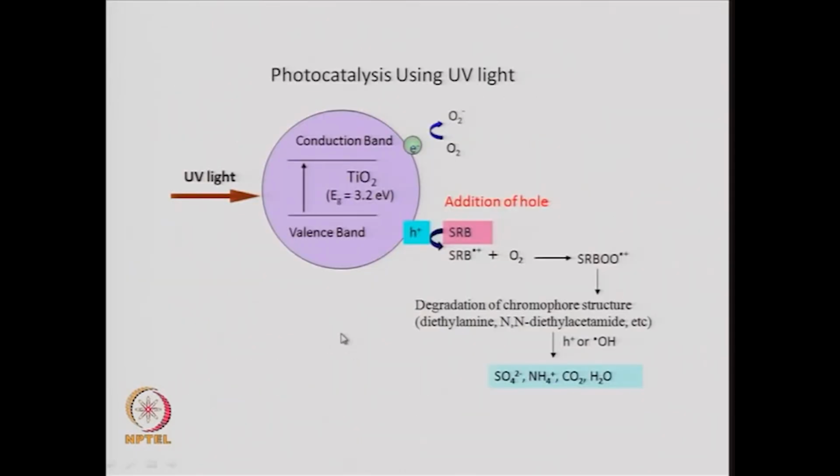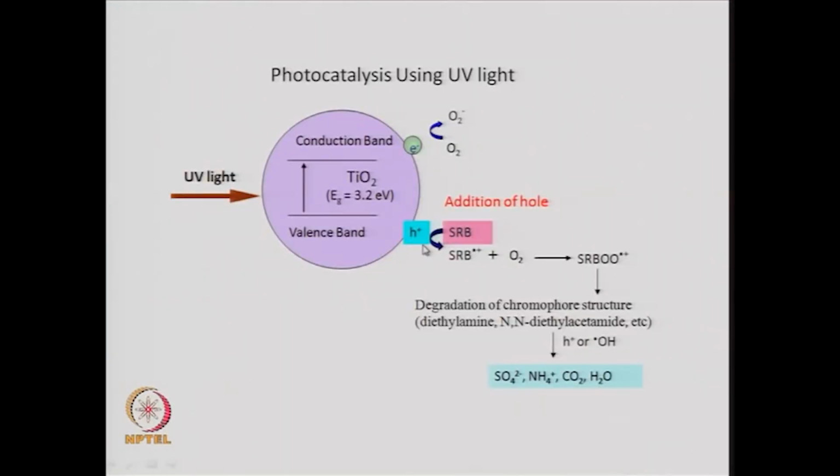So, two different things using similar materials, TiO2 and sulforhodamine B as the organic dye, but the different mechanism of the degradation of the dye is due to the different energy that you are supplying. In one case you are supplying visible light, in the other case you are supplying ultraviolet light, and hence the mechanism changes.